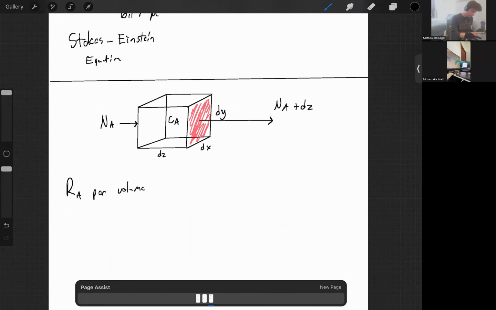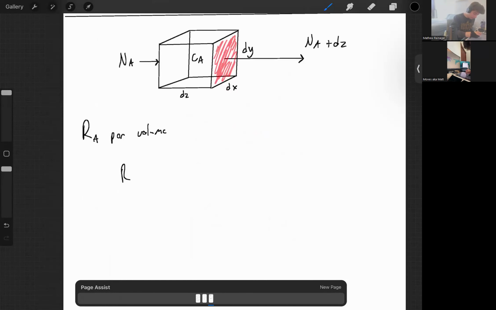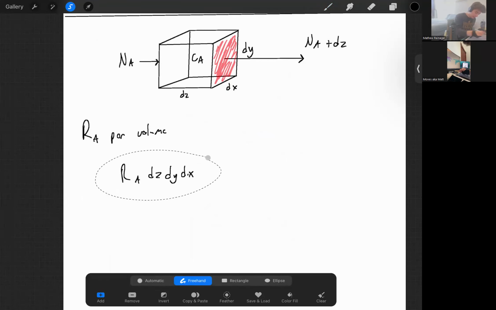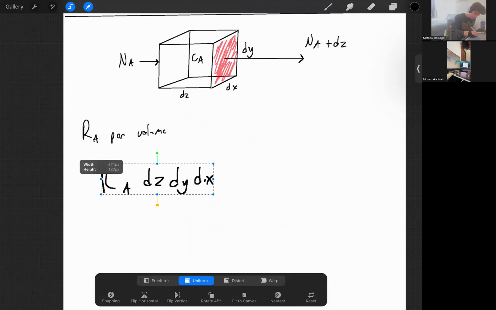If I were to write this down, this would be R_A multiplied by dz, dy, and dx, not dz. So that's the rate of formation equation here.